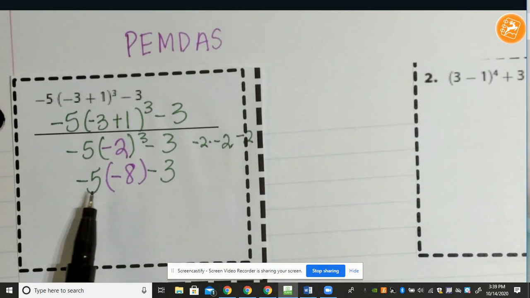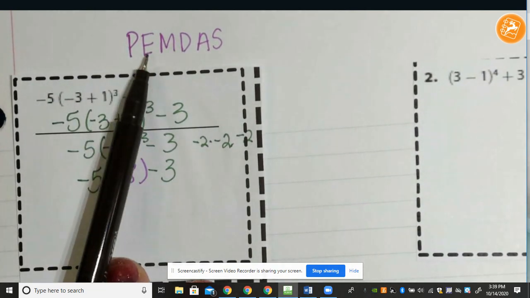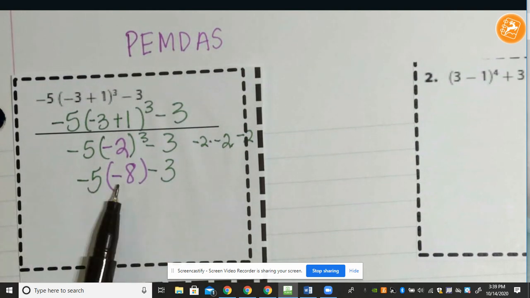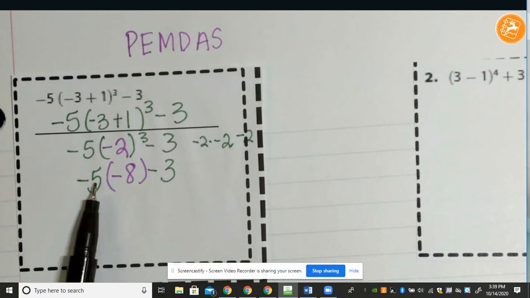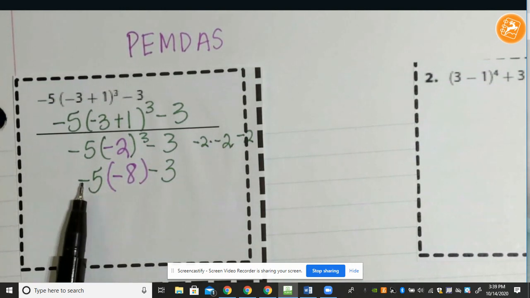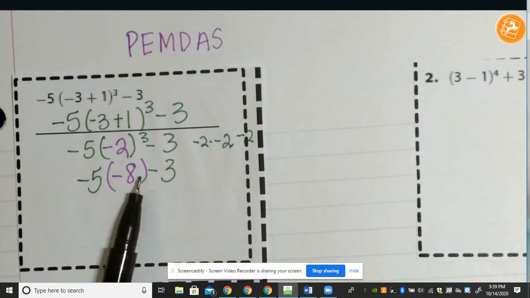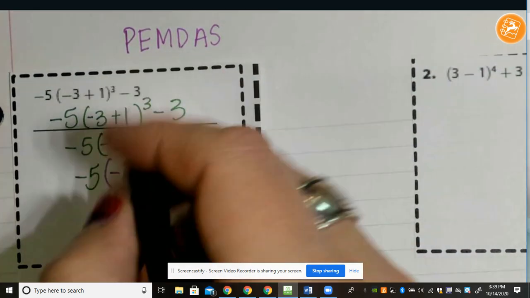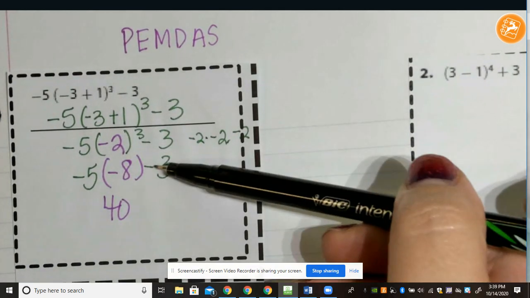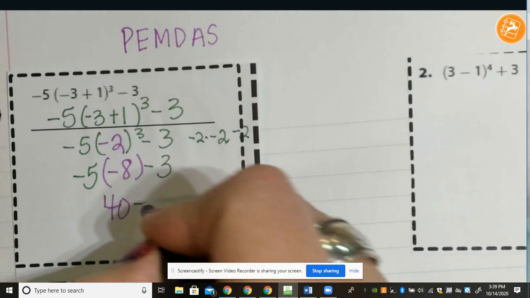All right, because I've done parentheses and exponents, I need to look for multiplication or division from left to right. So I start over here and I look, and this shows multiplication. I have a number next to a number in parentheses. Together, this means multiplication. So -5 times a -8 gives me a positive 40. So I'm writing 40 down, and then I'm bringing this minus 3 because I haven't done it yet.